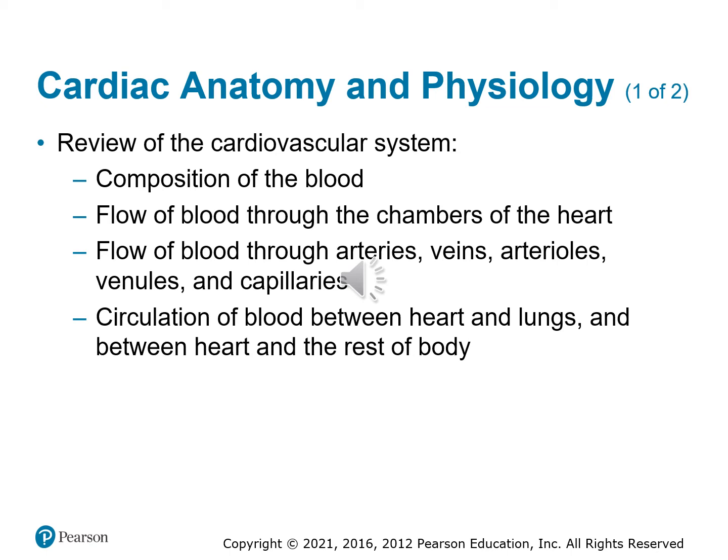The flow of blood through the chambers of the heart is unique, and it must travel in a certain sequence in order for circulation to occur efficiently. Once the blood leaves the heart, it is going to travel through arteries, and then arterioles, then capillaries, and on its way back to the heart, it travels through the venules and the veins.